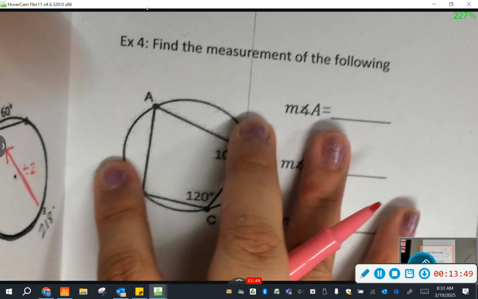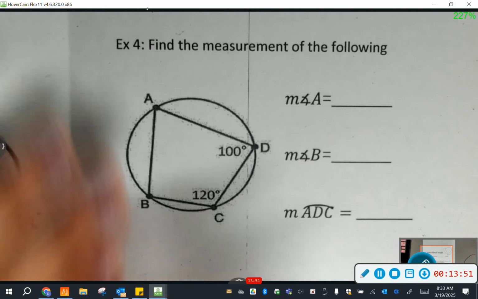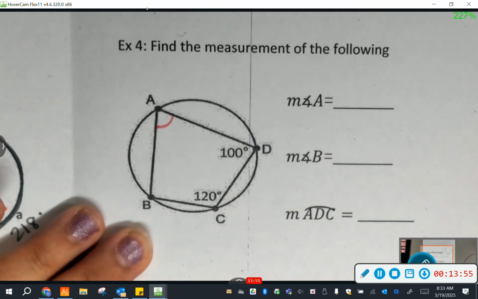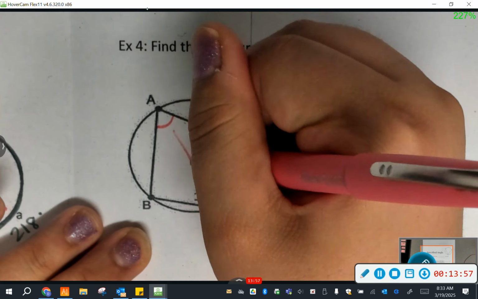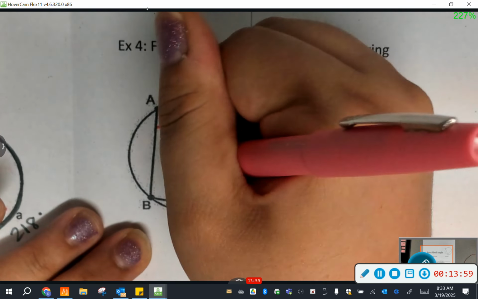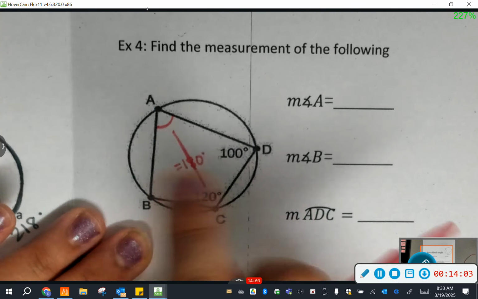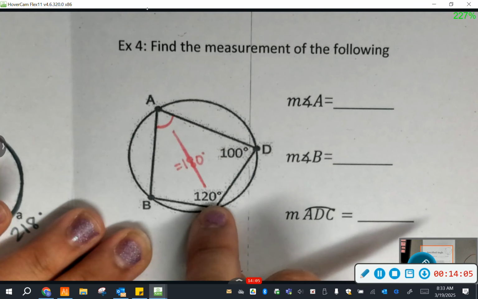All right, so my last question says, angle A. How do I find angle A right here? Well, what do I know about these two? They equal 180. So if they equal 180, how do I figure out that missing one if I know this is 120?